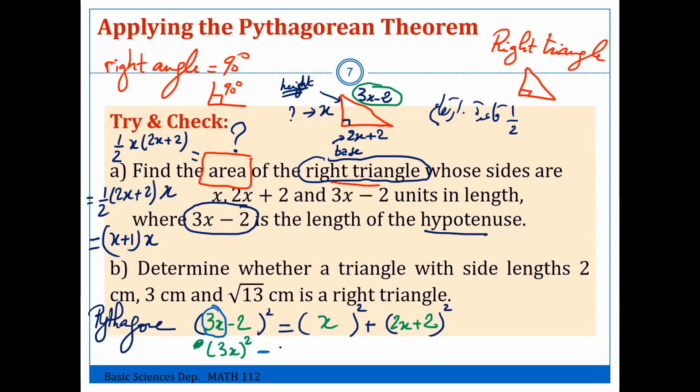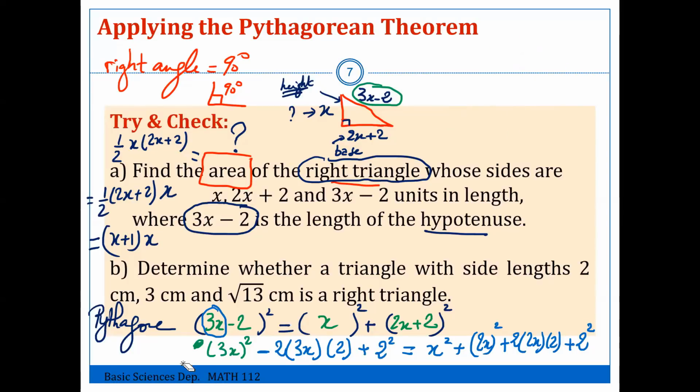We have minus 2 in the first and the second, plus the second square. Here x squared is x squared. Here same thing, 2x all squared, plus 2 times 2x times 2 plus 2 squared. Then we simplify more.